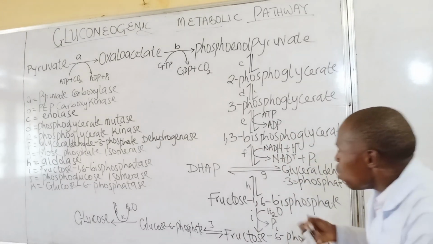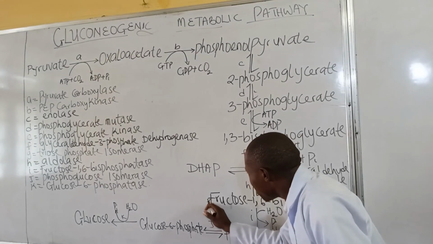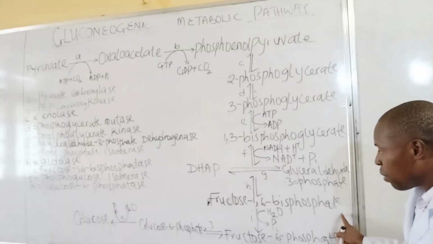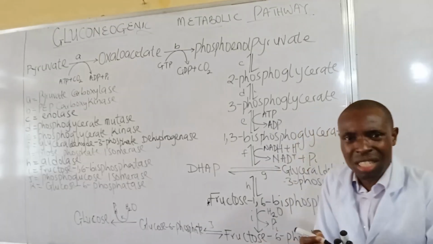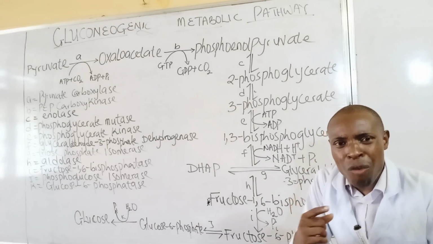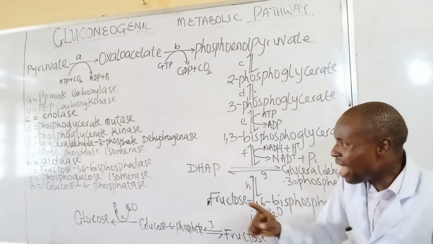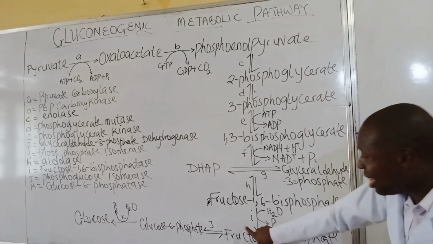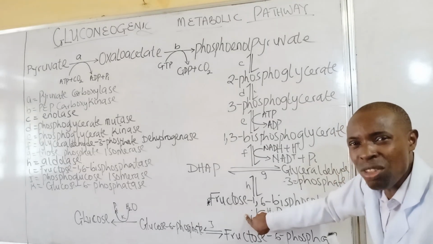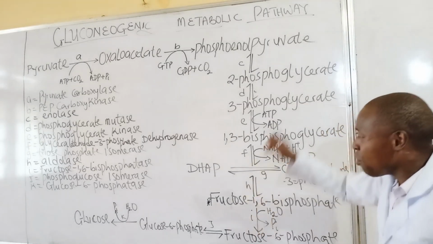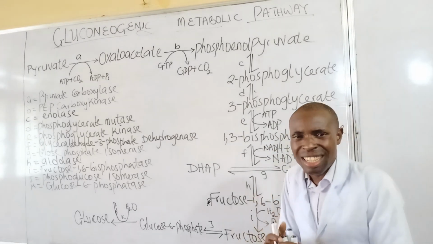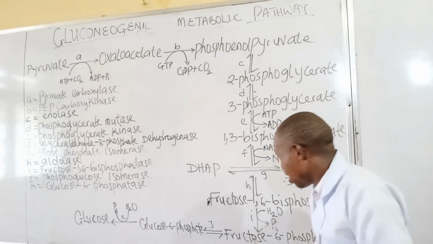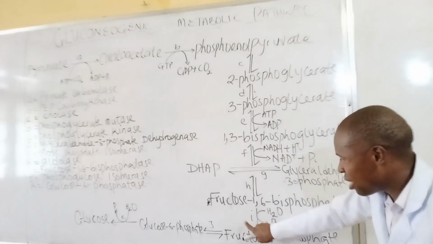Now, we will move to this step here, which is fructose 1,6-bisphosphate. We will result in the removal of the phosphate group, which will now give us the last product, glucose. Please take note. In this step, which is another important step, the rate limiting step of gluconeogenesis is this step that you are seeing here.